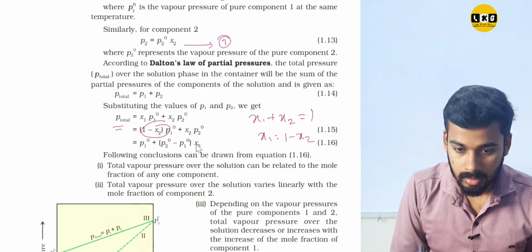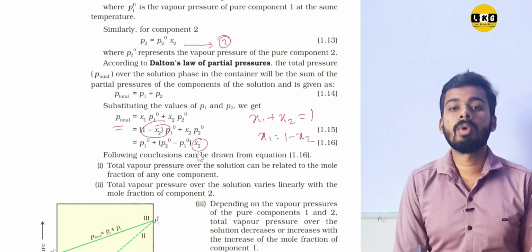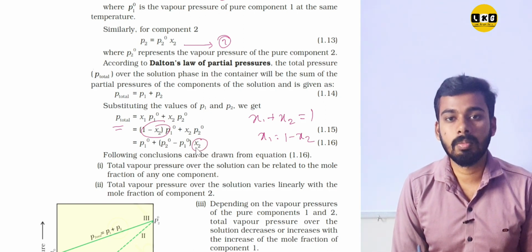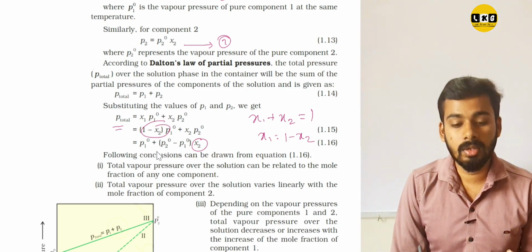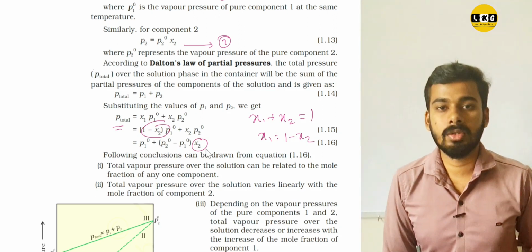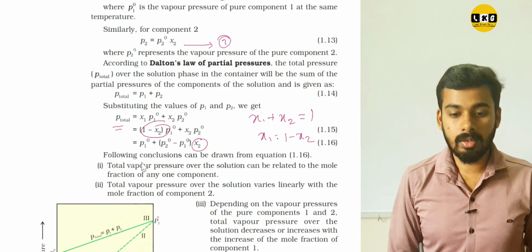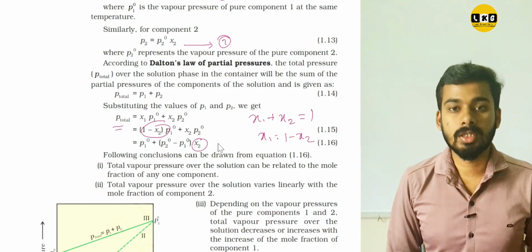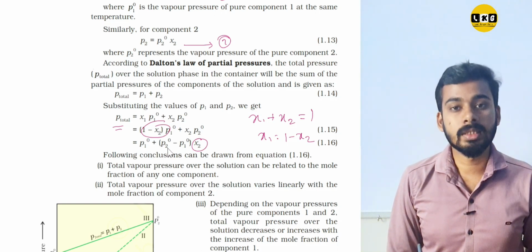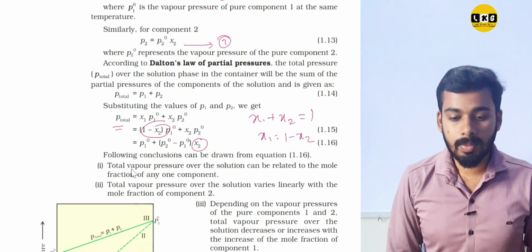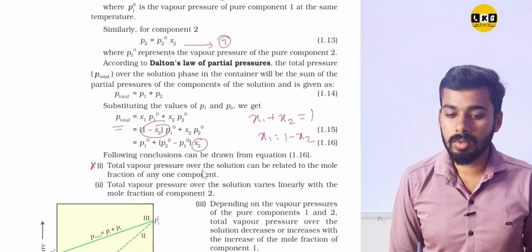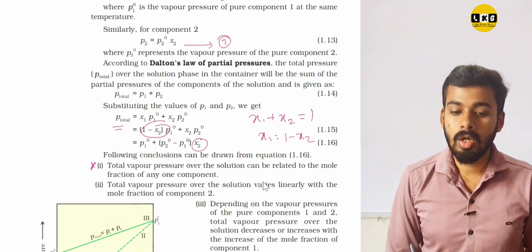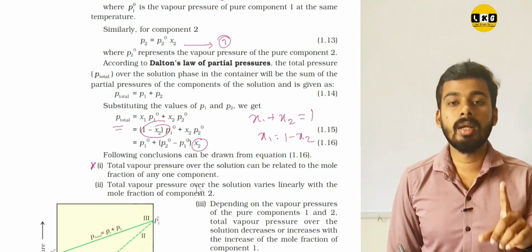Here we have, observe, only one mole fraction, the mole fraction of component 2. The mole fraction of component 1 is not here because we have rearranged with respect to X2. So the following conclusions can be drawn from this equation. What does this equation imply? Total vapor pressure over the solution can be related to the mole fraction of any one component.